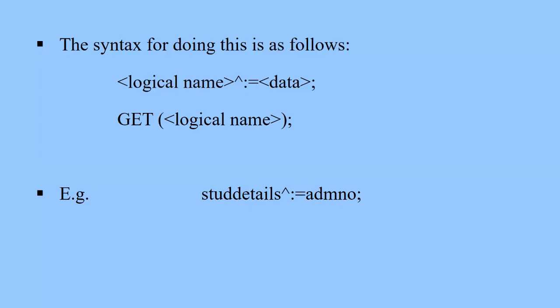So this is a pointer. Student details is a pointer that points to admission number. Then we can have get student details.